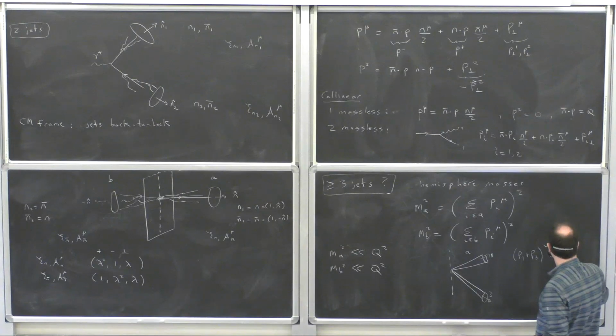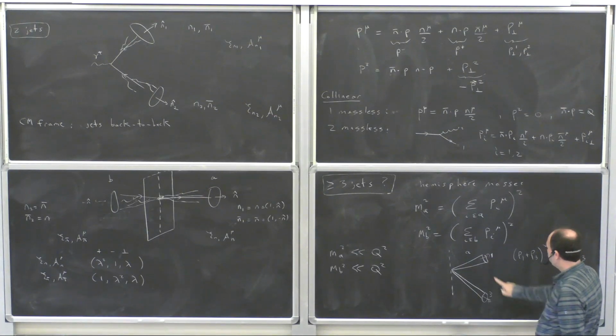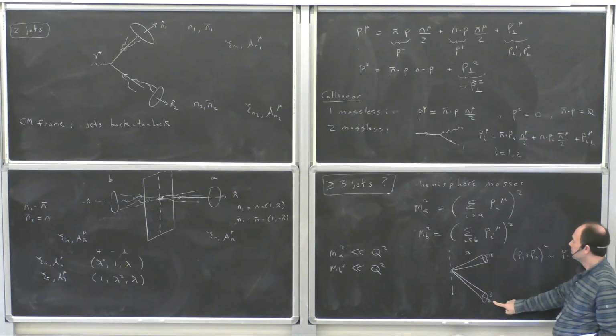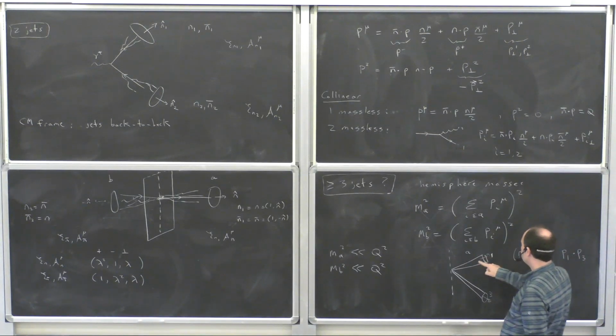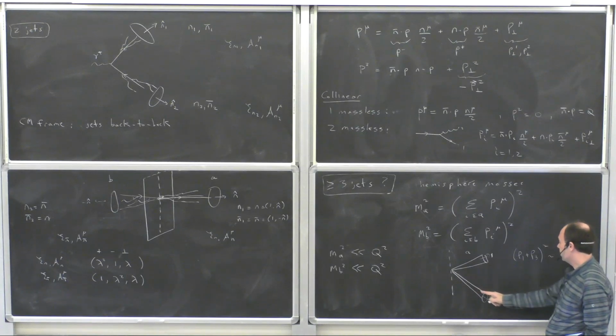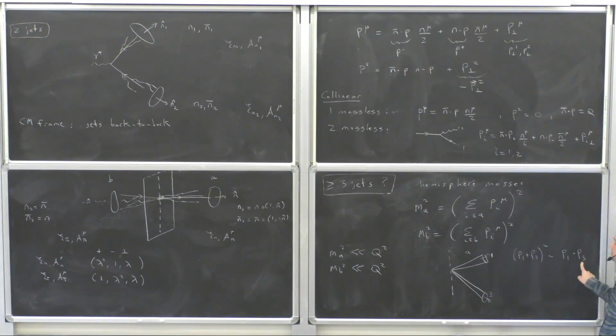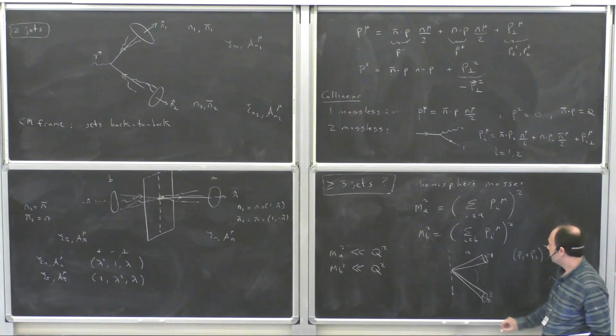And there's a term in this that's of order P1 dot P3. But both of these things have a large energy along their axis. This one has a large energy along the n1 direction. This has a large energy along the n3 direction. So when I dot P1 and P3, there's nothing small about it. I just get that large energy component from each of them. The answer is therefore of order Q squared, the energy of each, times the angle between, but the angle between is big.